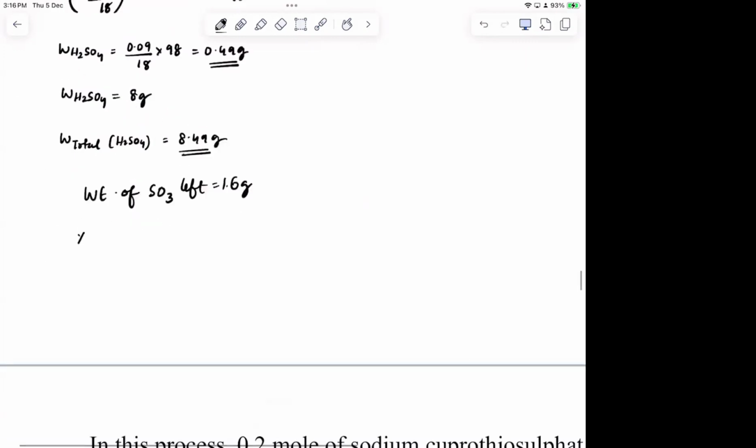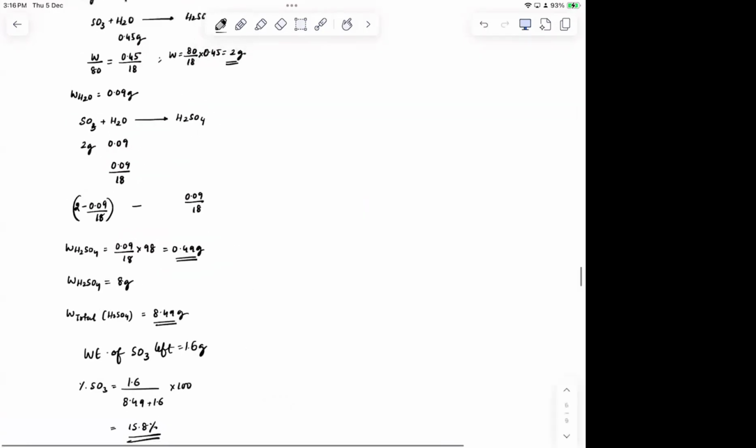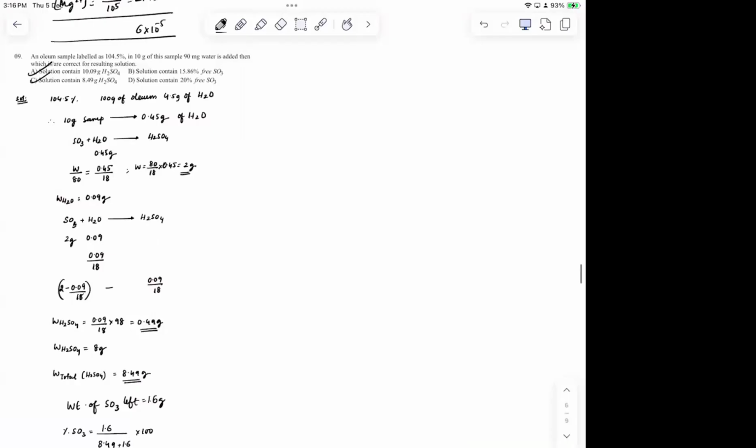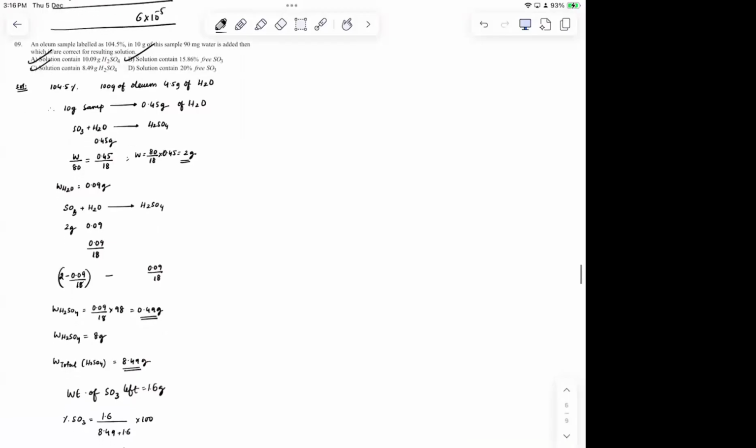So what is the percentage amount of SO3 present here? 1.6 grams divided by the total weight. The total weight is 8.49 grams of H2SO4 plus 1.6 grams of SO3, into 100. So this is coming out as 15.8 percent. So 15.8 percent, yes, B. That is another correct option.